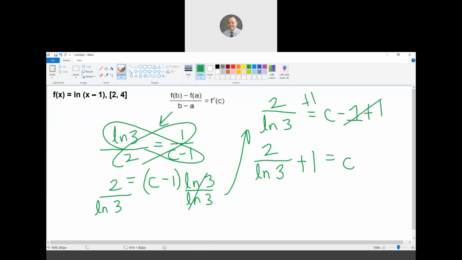Now, in order to satisfy the mean value theorem, C has to fall in our closed interval. So off screen, let me calculate. Let me put this in my calculator and see what we get.